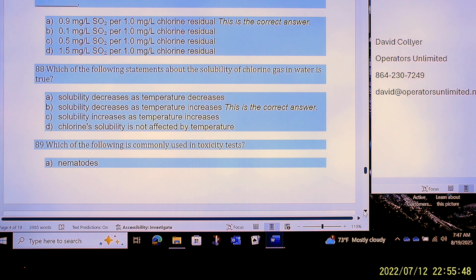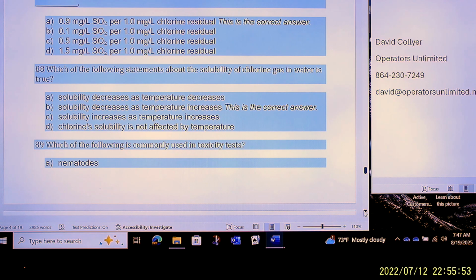87. The theoretical dosage of sulfur dioxide when used for dechlorination is A, 0.9 milligrams SO2 per 1 milligram of chlorine residue. B, 0.1 milligrams SO2 per 1 milligram of chlorine residue.